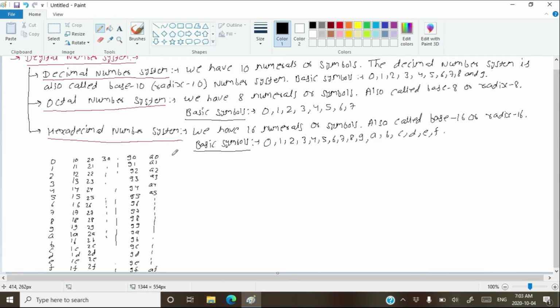Okay, then you do the same from B0 to BF, from C0 to CF, from D0 to DF, from E0 to EF, from F0 to FF. Okay, after reaching FF, you have exhausted all your two-digit numbers. So you can continue with 100 next.